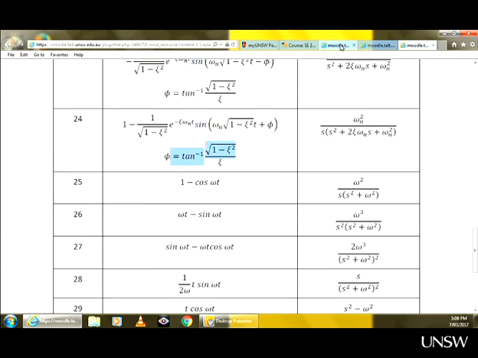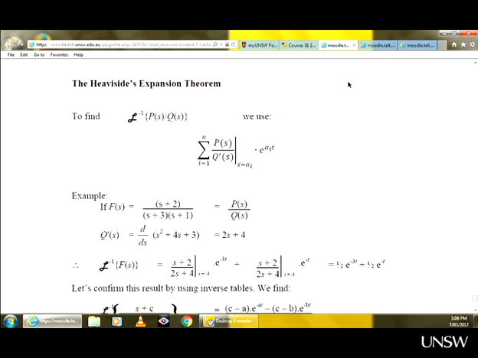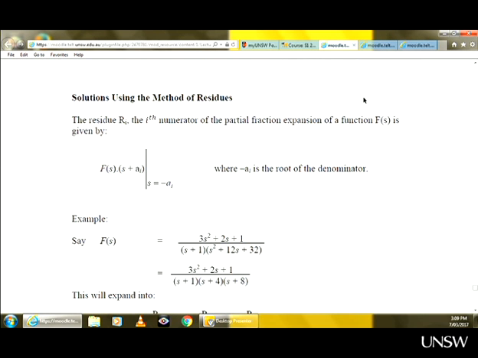To finish lecture 2, we have two methods that can be simpler than using partial fractions. One is the method of residue, and the other is called the Heaviside expansion method.